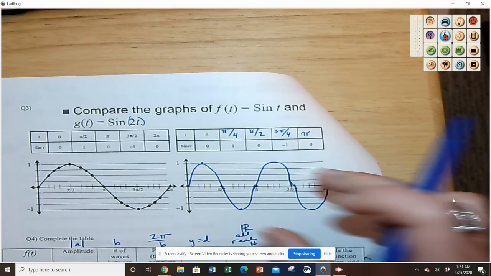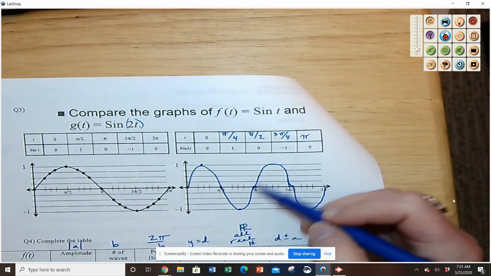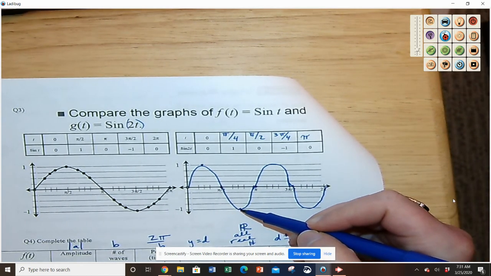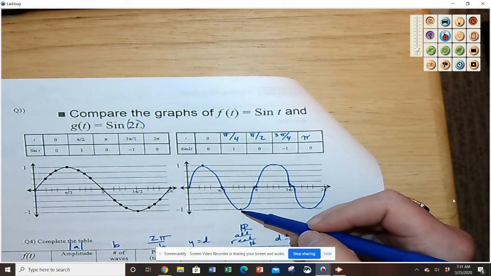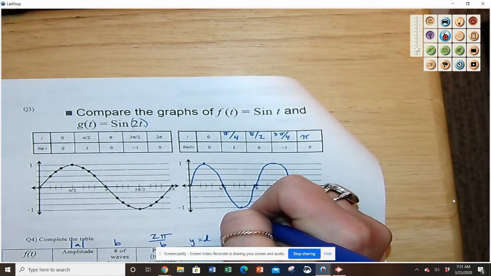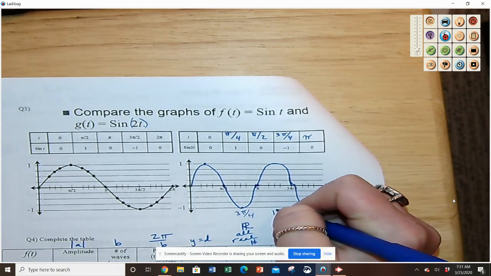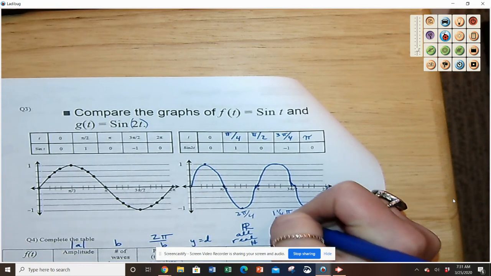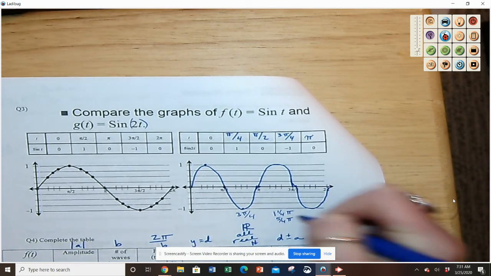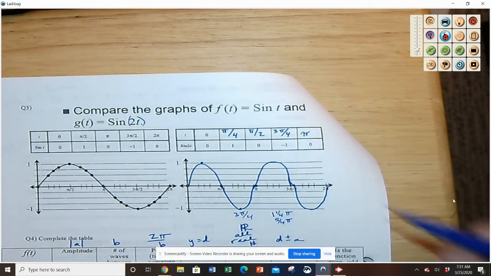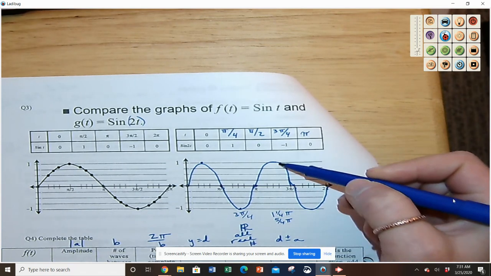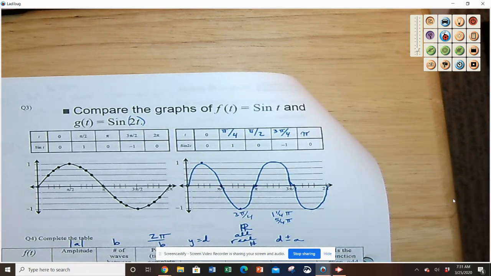So here you would have an increasing interval from, I guess this would be 3 pi over 4 to 1 1/4 pi, so it's 5 pi over 4, and do your increasing interval there, and then decreasing would be from here to here, and then that would repeat over and over again.